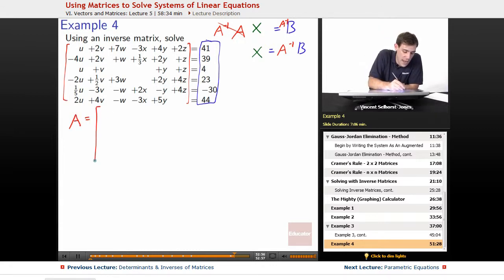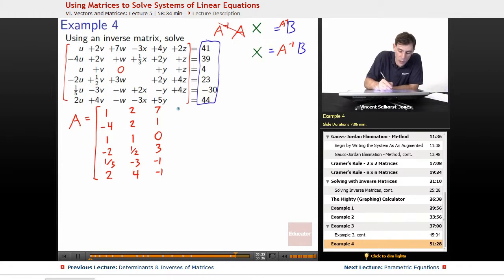So we figure out what A is. It's going to be a big one. Our u's first: 1u, negative 4u, 1u, negative 2, 1/5 u, 2u. Next up our v's: 2v, 2v, 1v, 1/2 v, negative 3v, positive 4v. 7w, 1w, 0w because it didn't show up, 3w, negative 1w, negative 1w.